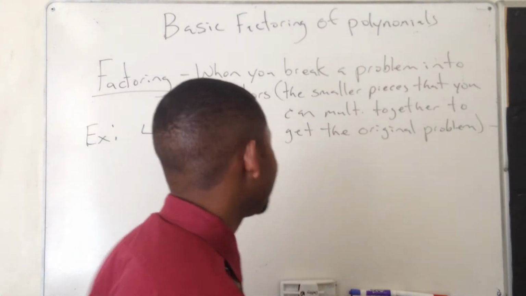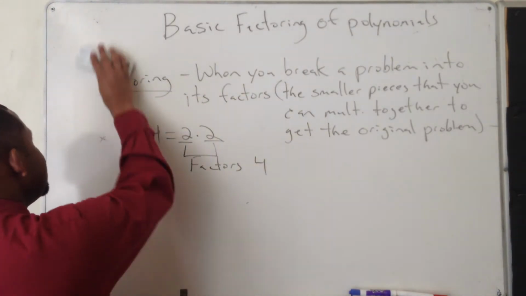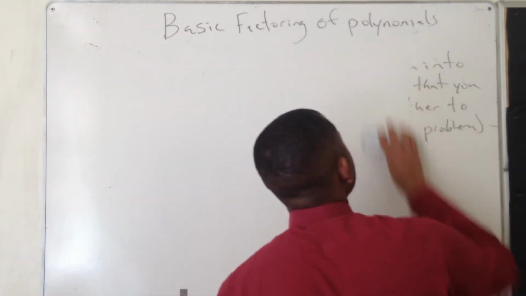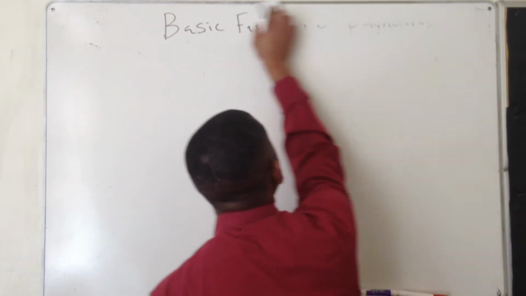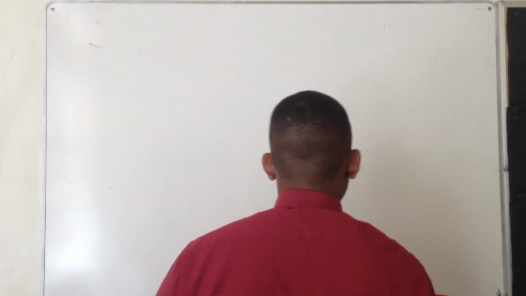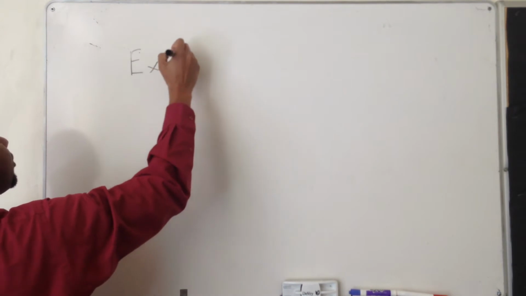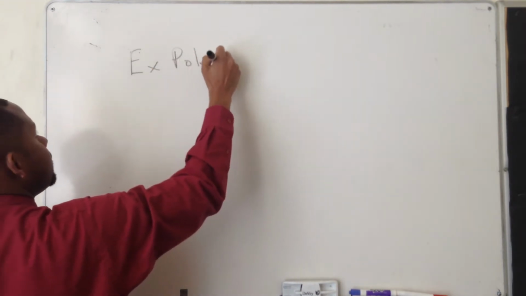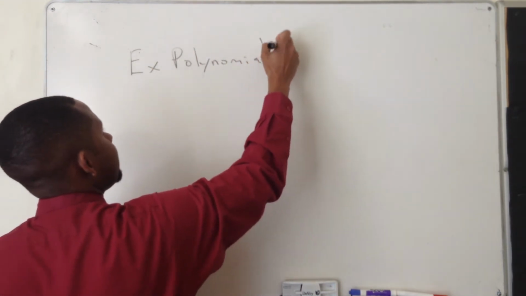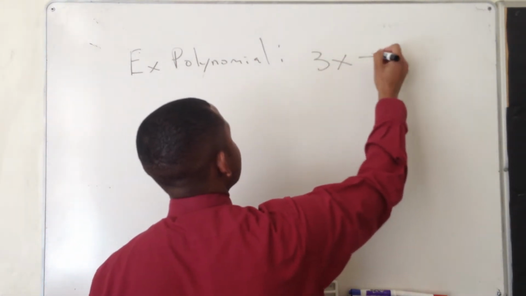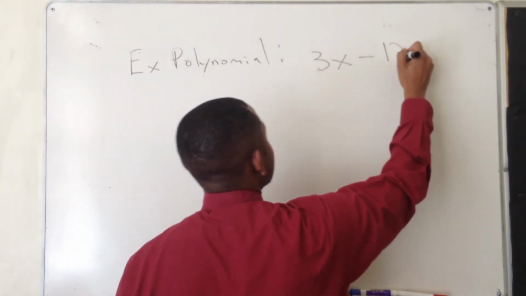So we're going to do the same thing with the polynomial. All right? So let's give an example of a polynomial. A polynomial is something like 3x minus 12.